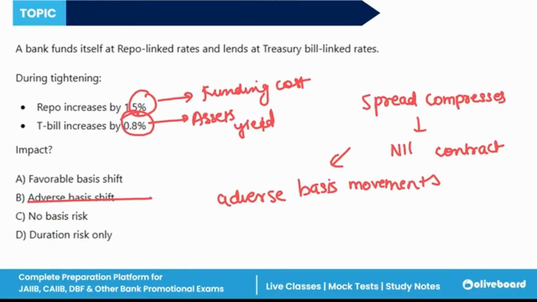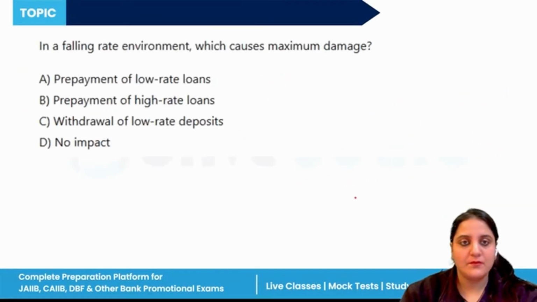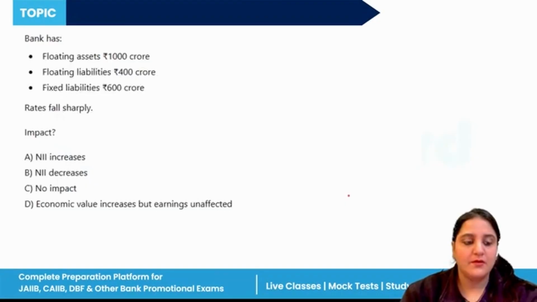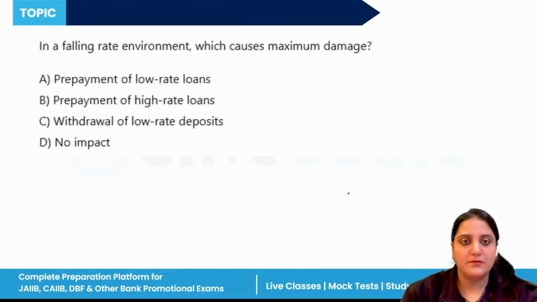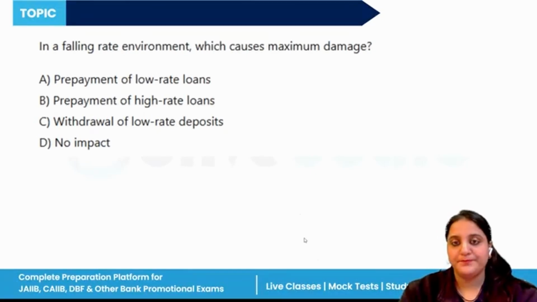Now, next question. In a falling rate environment, which causes maximum damage?